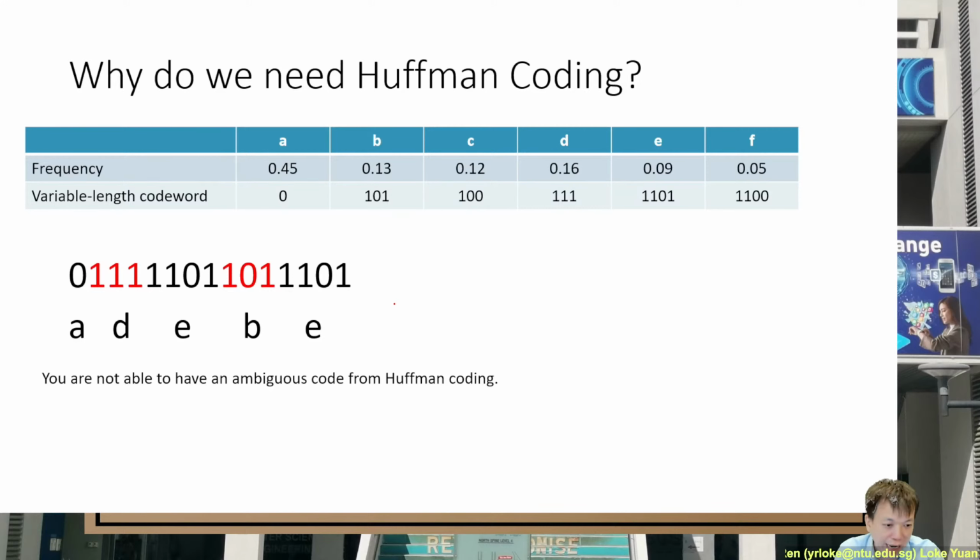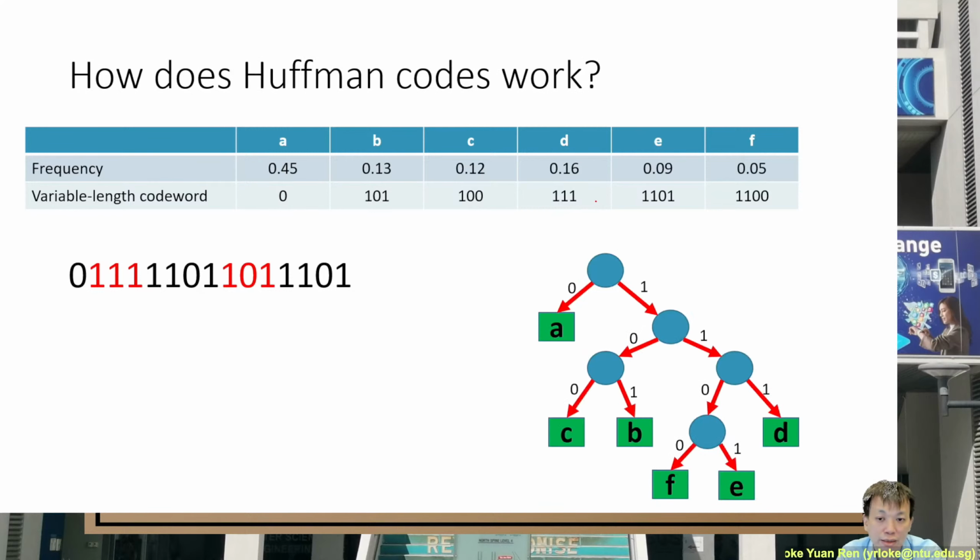And the next question is how to do it. How do we get this particular code, these code words? How do you know which character takes 1 bit, how many bits you need for each character, and what they are? If you look at this code, you can build a binary tree.